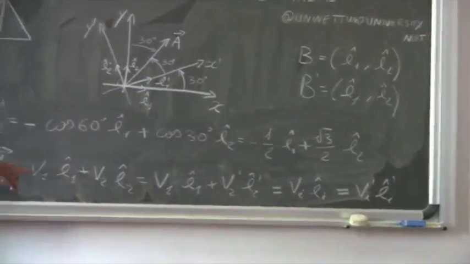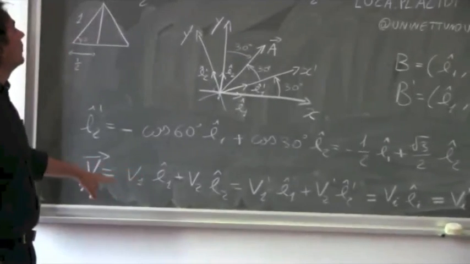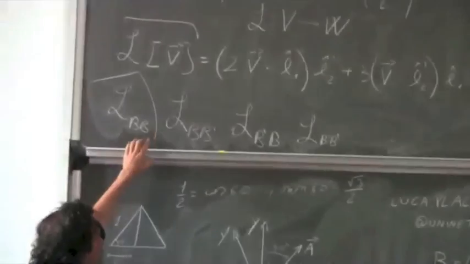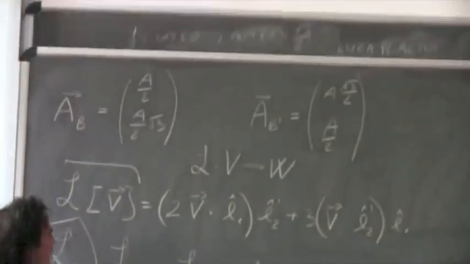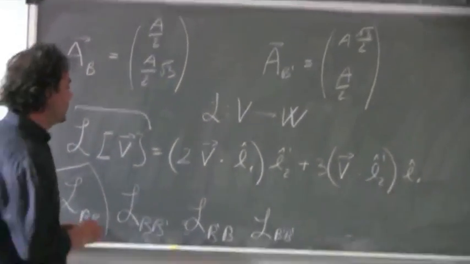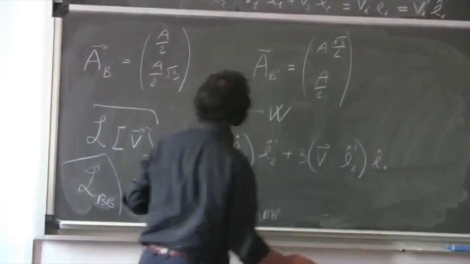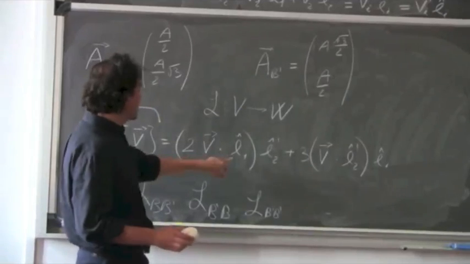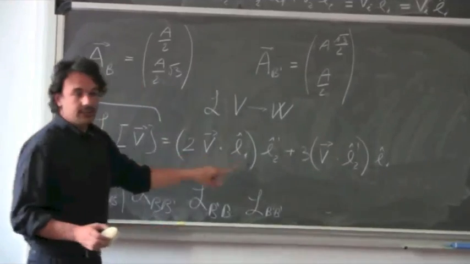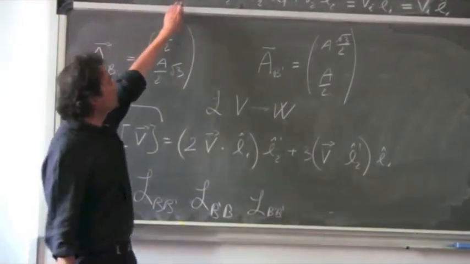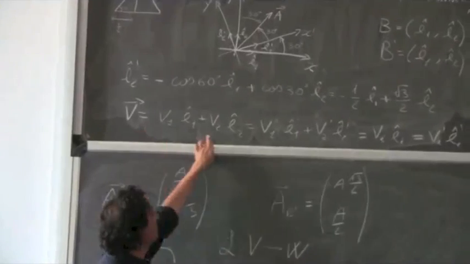This is just to maintain a common nomenclature, so that this linear application can be seen in the following way. For example, V scalar E1, what is it? Take this representation, the first one.